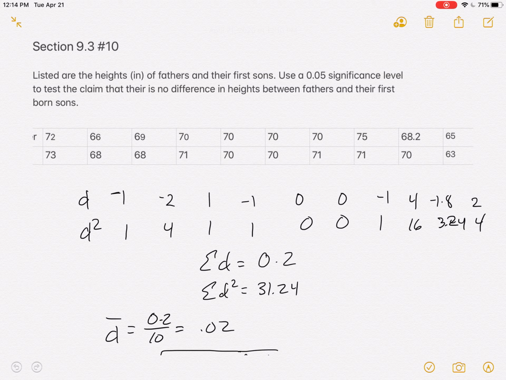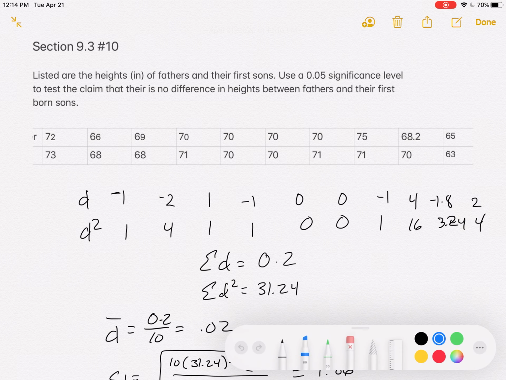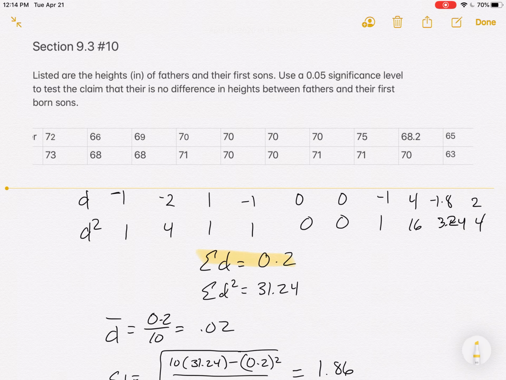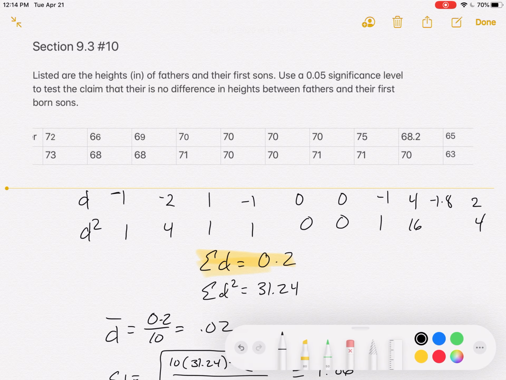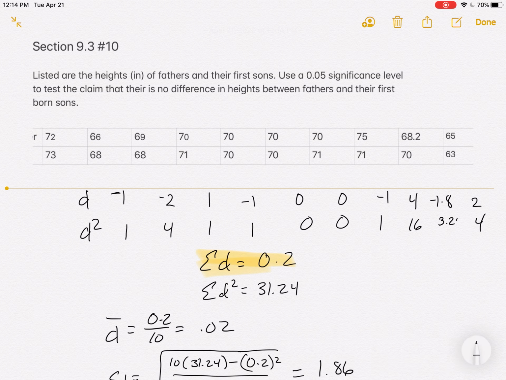Well, when I added up all those D's, let me highlight that for a minute. When I added up all those D's, I got a -2. Then I immediately found the D squareds, and I apologize because this one's not so readable, but I squared everything, and when I added them all up, they came to 31.24.